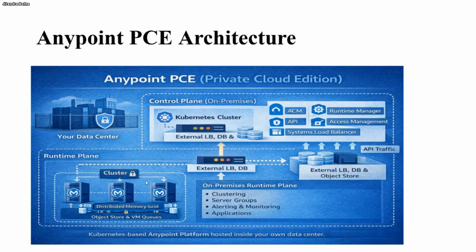Then you have a runtime plane here, where you can use clustering, server groups, whatever you want, which we already discussed. Your runtime plane is also hosted on premises. So this is your data center. Within your data center, you have a control plane and runtime plane both, and it's completely managed by you.